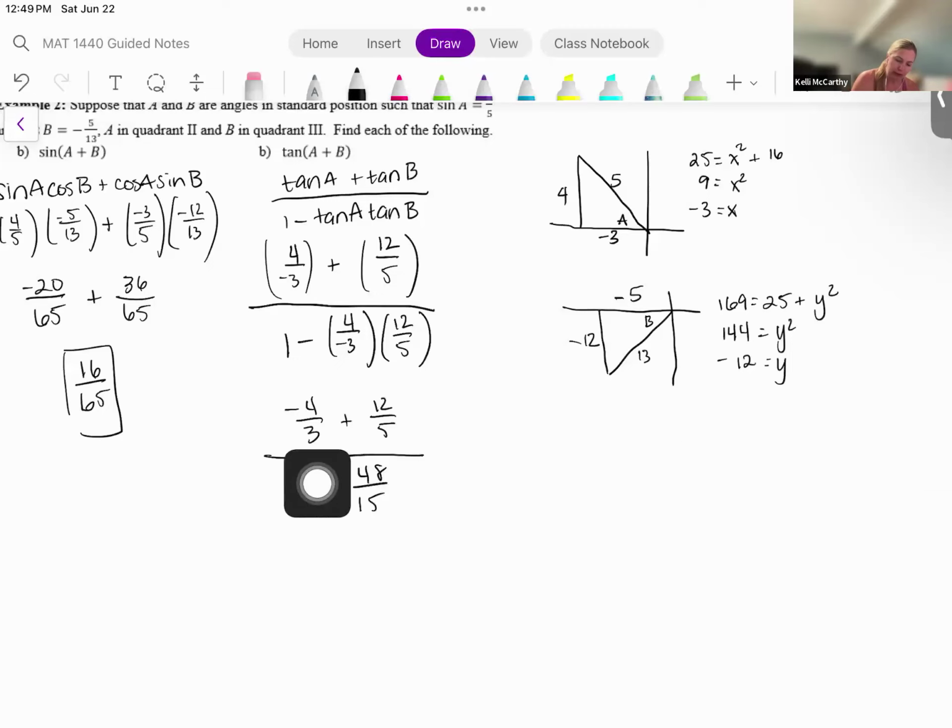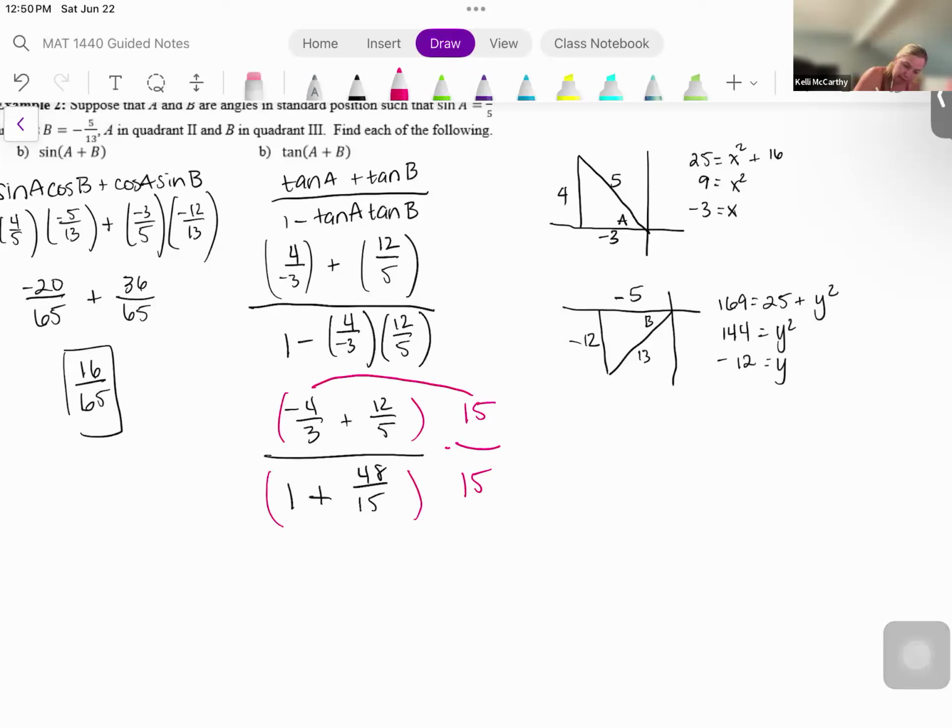If I look at my three different denominators, this one is really 1, which isn't going to impact this. We have 3, 5, and 15. The least common denominator is going to be 15. So I'm going to multiply my numerator by 15 and my denominator by 15. In my numerator, I need to make sure I distribute that 15 to both fractions, and the denominator, same thing. We need to distribute it to both terms.